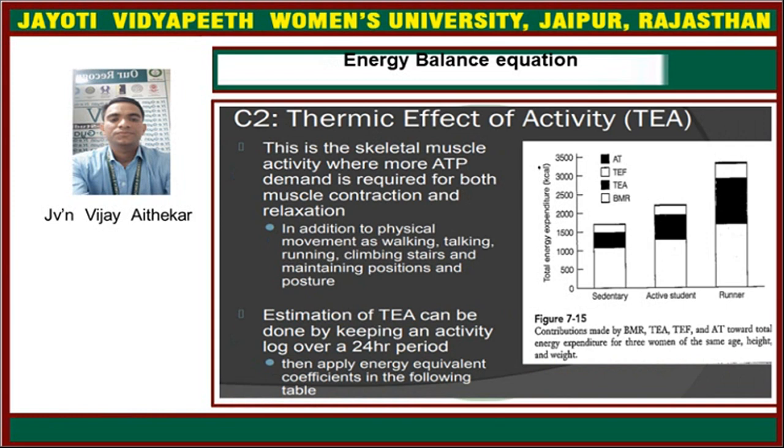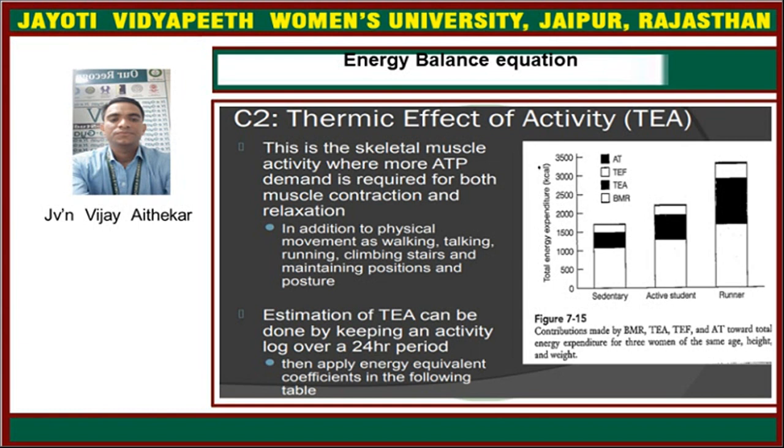Thermic effect of activity, TEA. This is skeletal muscle activity, where more ATP is in demand, requiring both muscle contraction and relaxation. Estimation of TEA can be done by keeping an activity log over 24 hours.